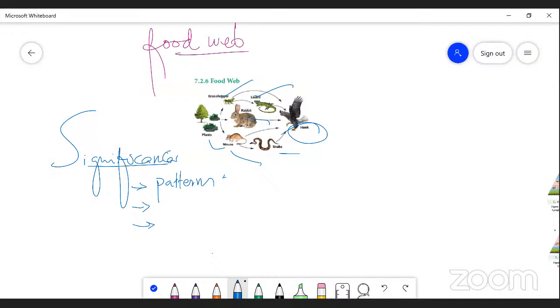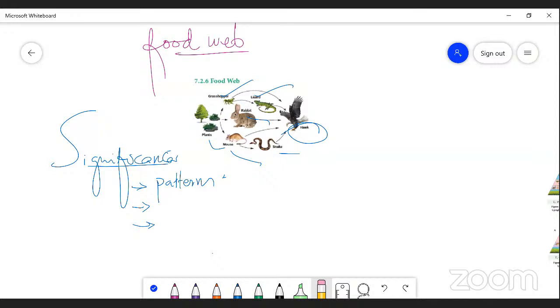It explains the different interlocking patterns of organisms, helps to describe various species which are interconnected with each other, and is also used to illustrate direct and indirect relations between different kinds of organisms which are interconnected in a trophic level structure, right? So this is the significance of food web.